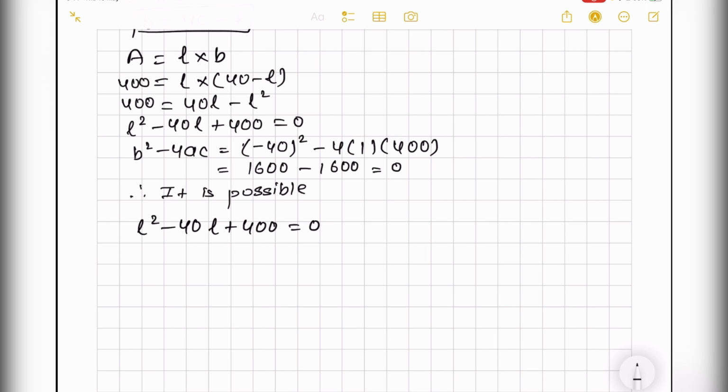The other is, as I have got 0, b square minus 4ac is equal to 0, so I can say roots will be directly minus b by 2a. So that will be minus of minus 40 upon 2 into 1. So that will be 20, because minus minus plus 40 divided by 2 will be 20. So both length and breadth are 20.